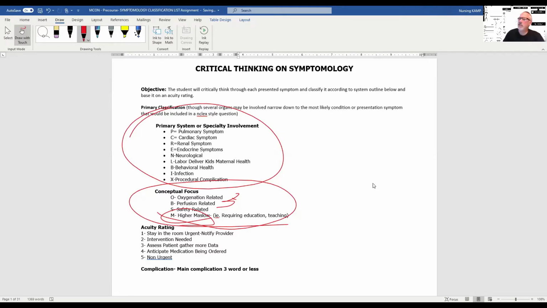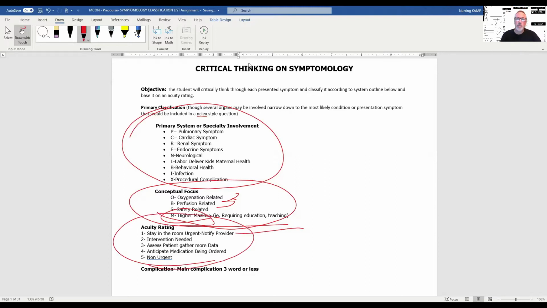The Maslow teaching would be, if you have a person who has stable angina, they would need to know what to do when they have substernal chest pain that's acute: they either need to take nitro, call 911, or seek medical help at that point. That's why the higher Maslow piece comes in, because we should always be teaching about these symptoms with patients with chronic conditions.